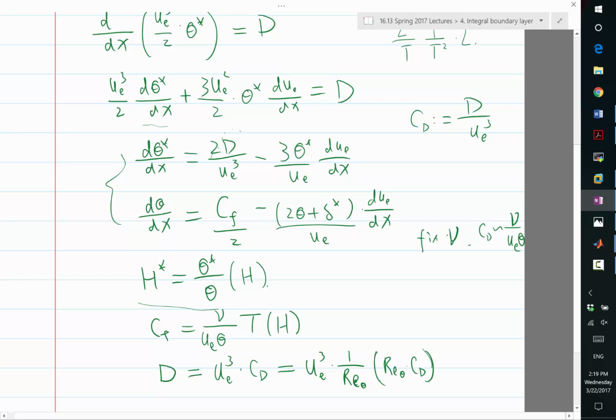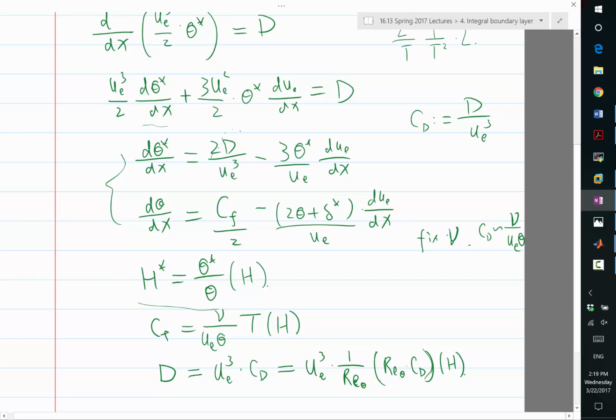This whole function, RE theta times CD, is what makes CD able to be modeled as a function of H. So this RE theta times CD we can choose as a function of the velocity profile from, let's say, the Falkner-Skan family. How do you know it's a function of H?